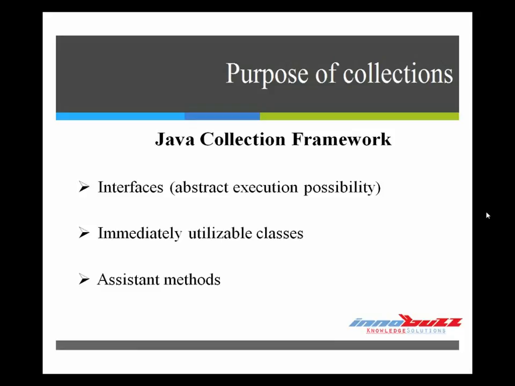And the assistant methods, these are the algorithms. Using them we can perform computations like searching or sorting on the objects that are in our collections. These algorithms are so-called polymorphic algorithms. So they can be used on many different implementations of the same collection interface.